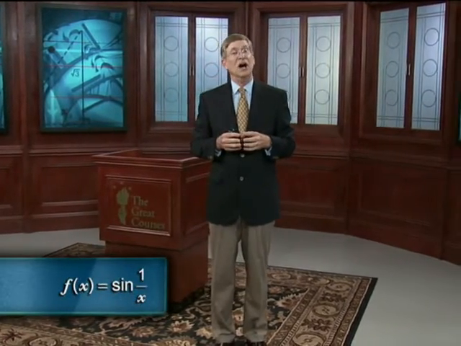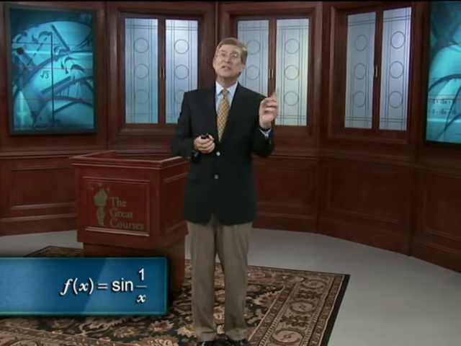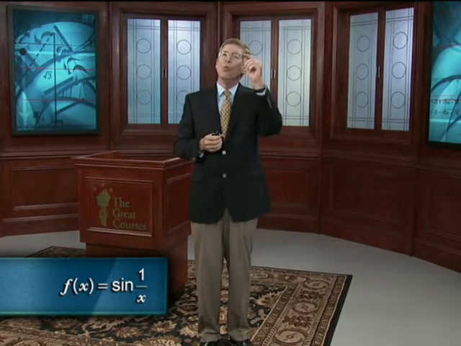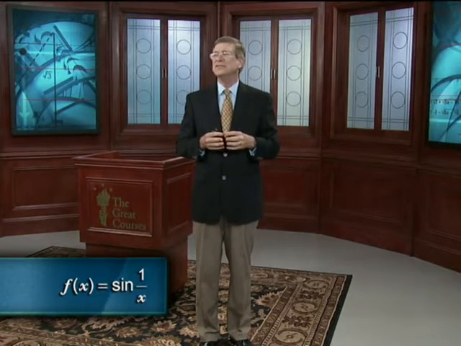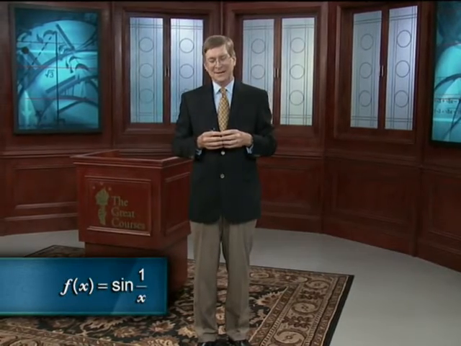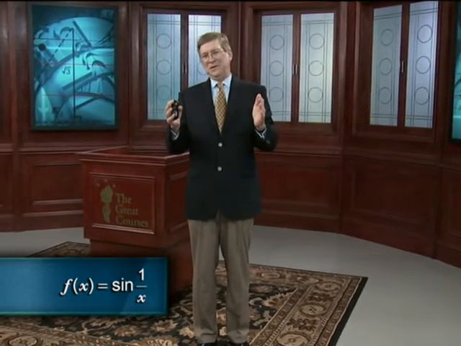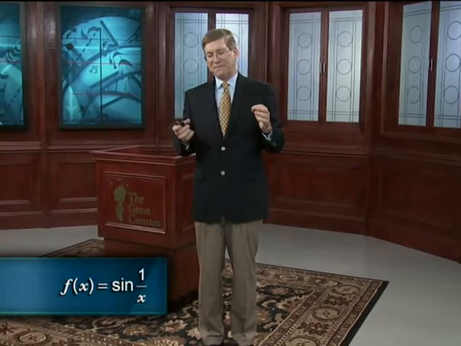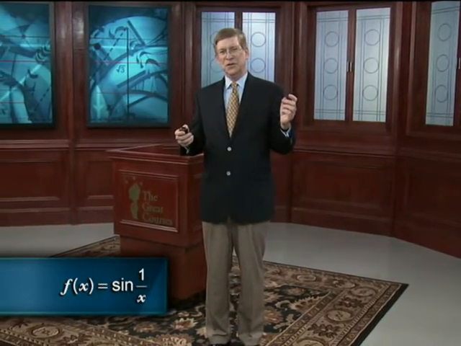Here's one of my favorite functions of all time. Students love it too, I think, because it has a bizarre picture. It's the function sine of 1 over x, not sine x, sine of 1 over x. Let's look at a picture of this function. Get out your graphing calculator, and I'm going to graph it on the interval minus 2 to 2.